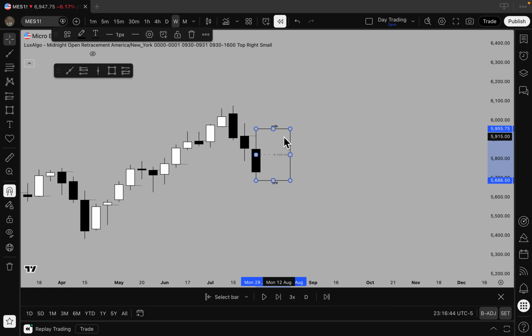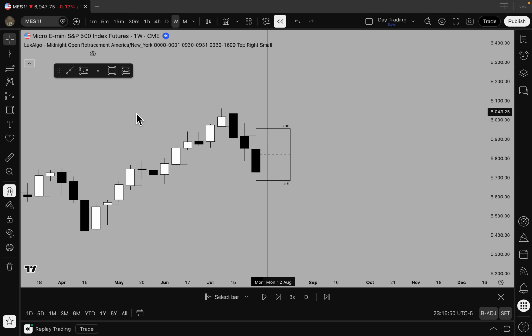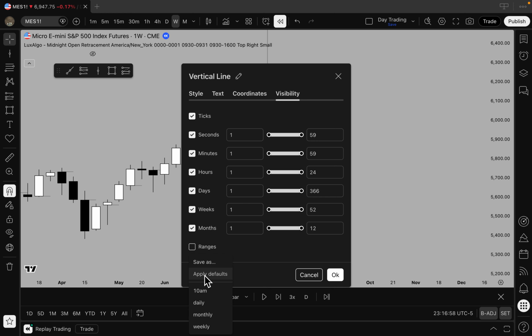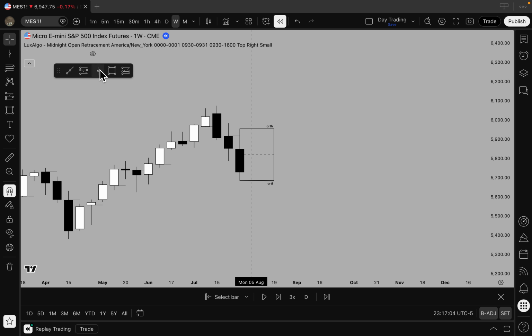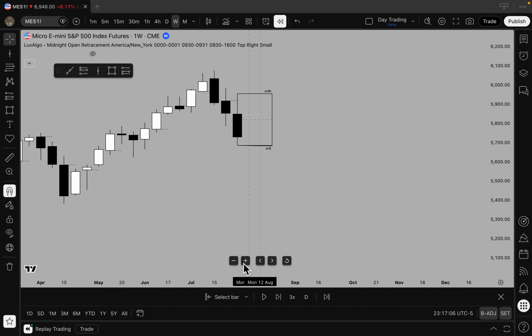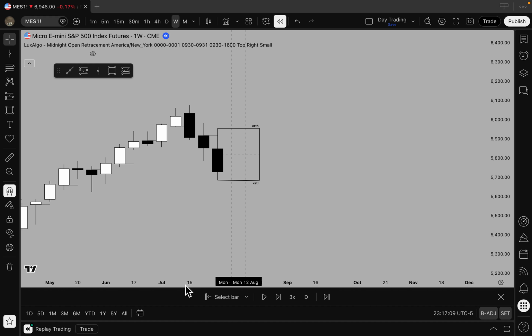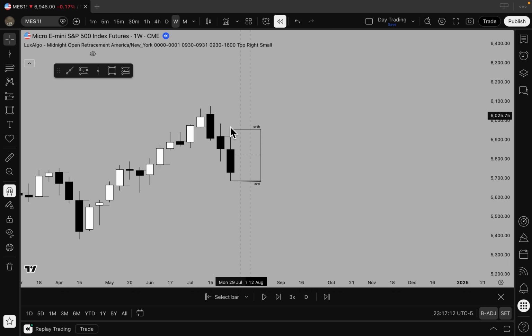Do it like this, so you can see. All right, perfect. This is your first step. Find your range high and your range low. You don't need to do all this extra stuff that I did, but I'm just showing you this for the sake of teaching. This is why I'm doing this.